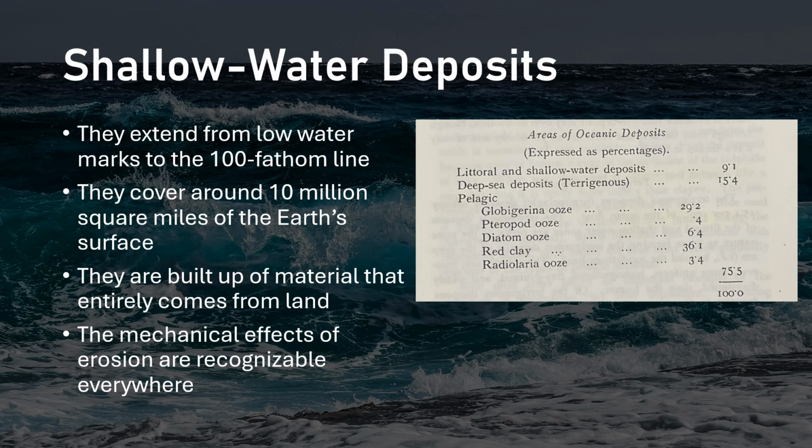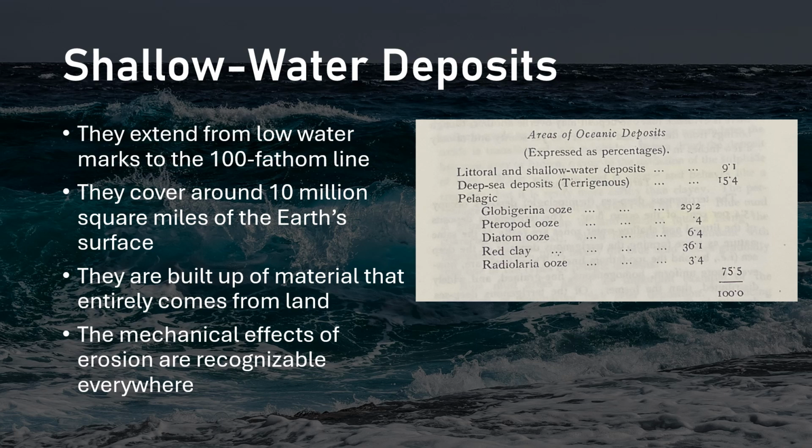Shallow water deposits. These are met from low water marks to the 100 fathom line. They cover about 10 million square miles of the Earth's surface. These deposits are also built up entirely of material derived from the land. Their constituent materials are smaller in size than those of the littoral deposits, but larger as a rule than deep sea deposits.